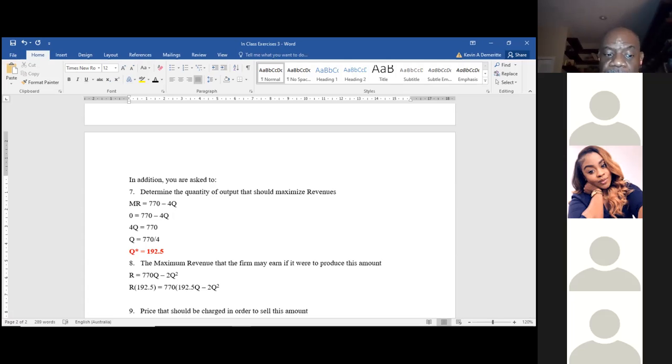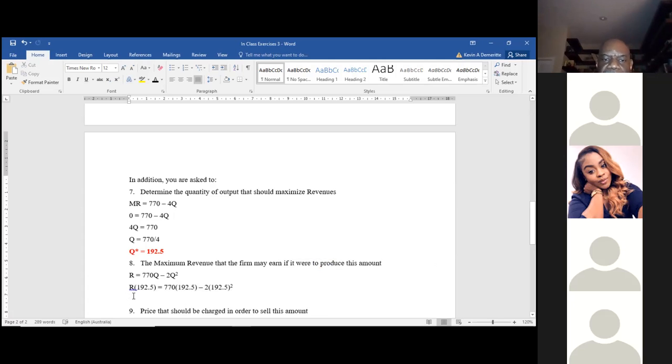So every place I see a Q, I plug in 192.5. And I have 2 times 192.5 squared. So you've noticed that everywhere, let's copy that first.